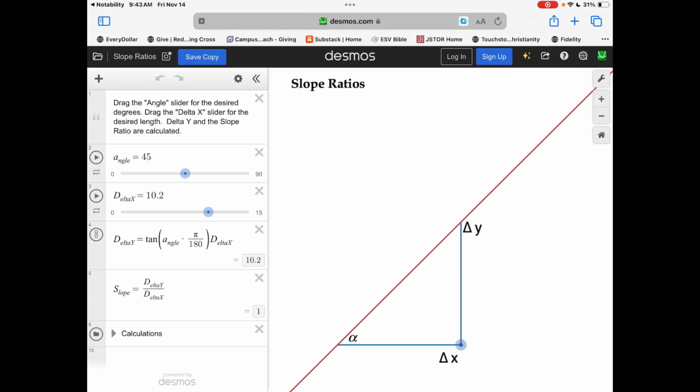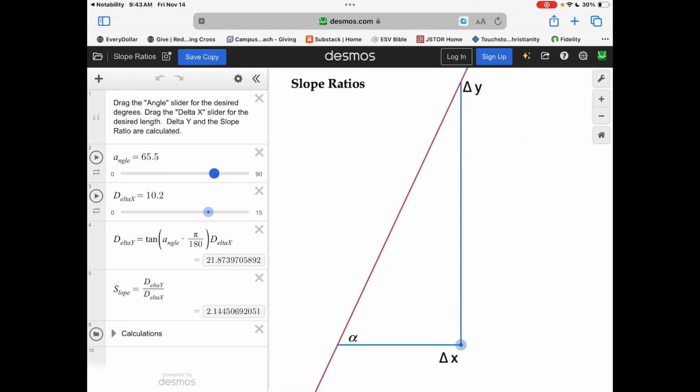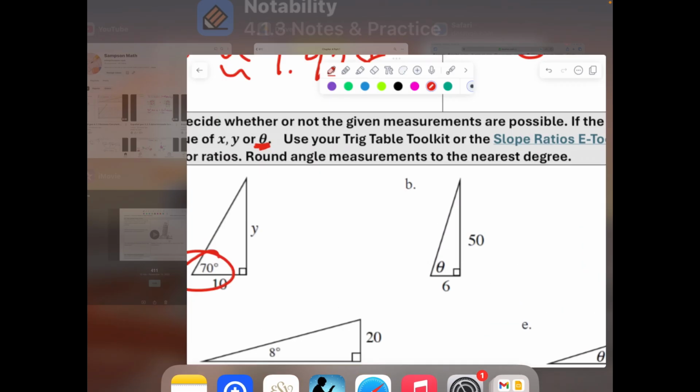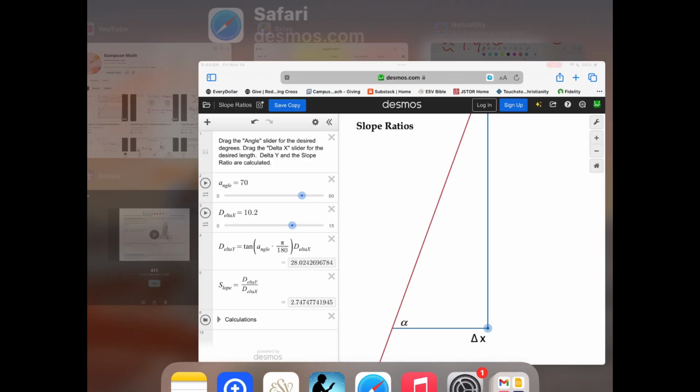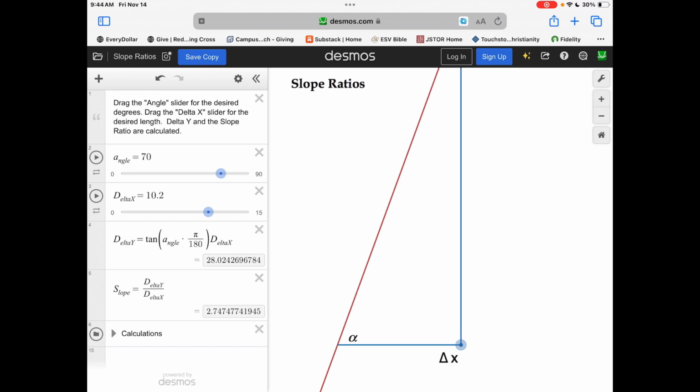And we can adjust. So we want this to be 70 degrees. So we can change the angle right here to 70. And then, let's see, what was our change in x was 10. So I'm going to change the change in x, where it says delta x, I'm going to change that to 10.